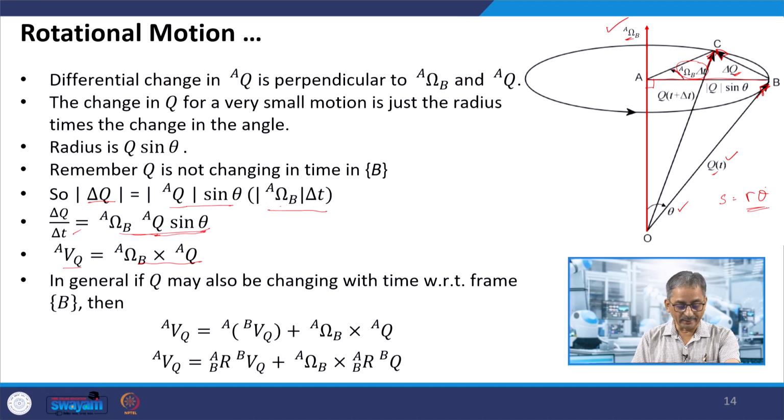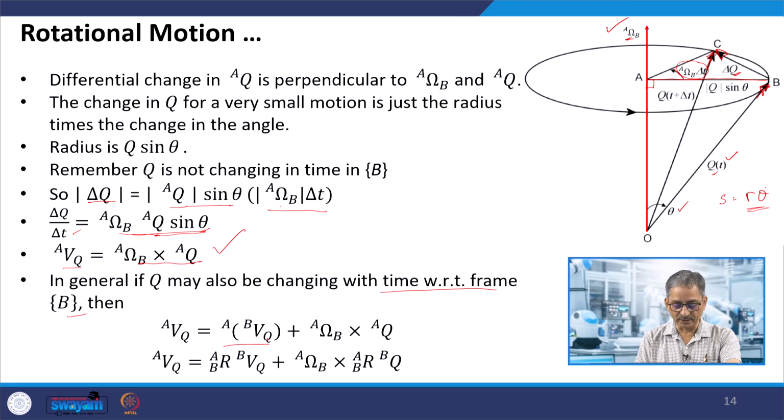Now, in general Q may also be changing with respect to time in frame B. This relationship we got when Q was not changing with time in frame B. Now, if it is also changing with time in frame B, then naturally we can add that velocity to it.